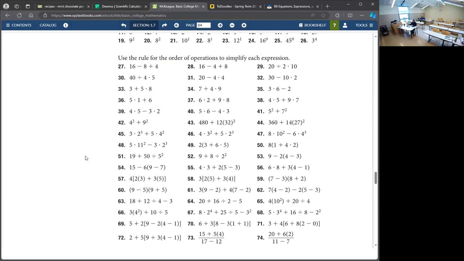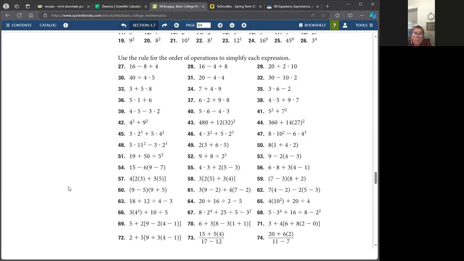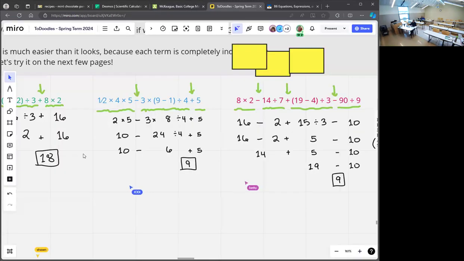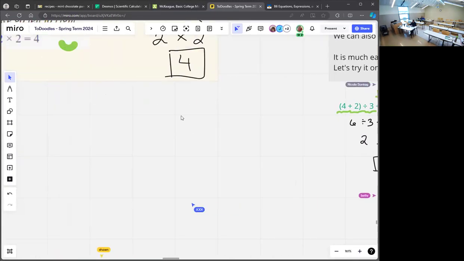Let's grab one more. Which one from the textbook on the screen now should I do for you? 71. 71, okay. 71 has parentheses inside parentheses. That looks complicated, but it's actually not too bad.